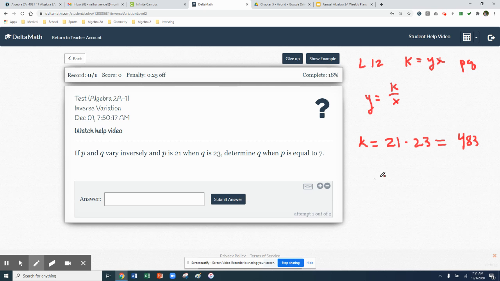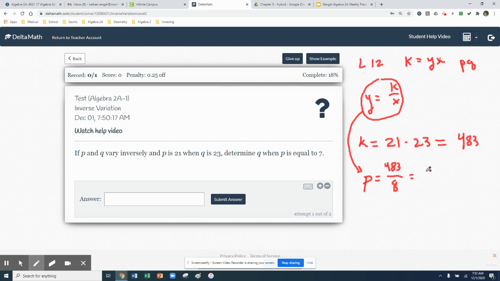So that means our equation then is p equals 483 divided by q. So I'm just using this model up here, except our problems use p and q instead of x and y.